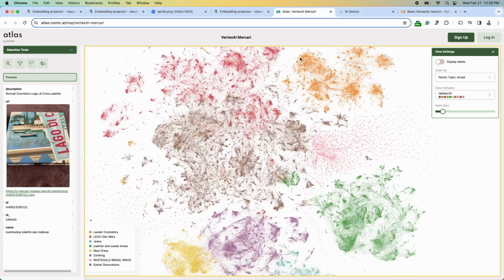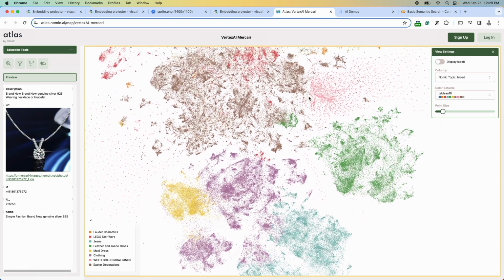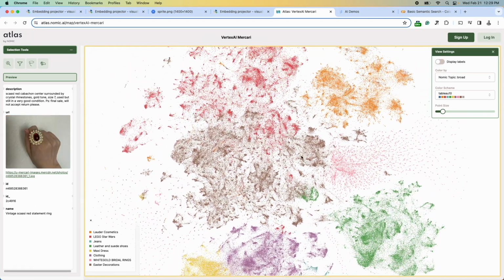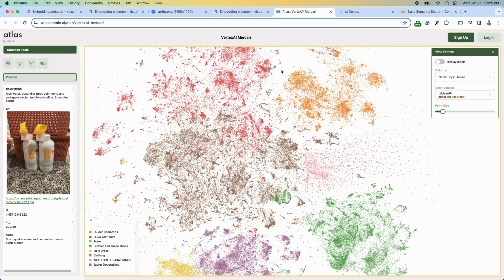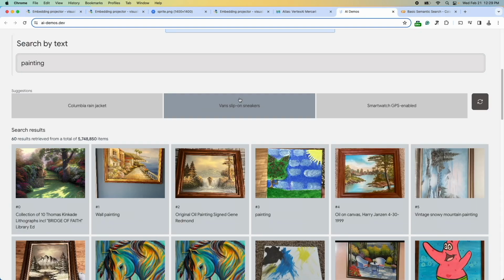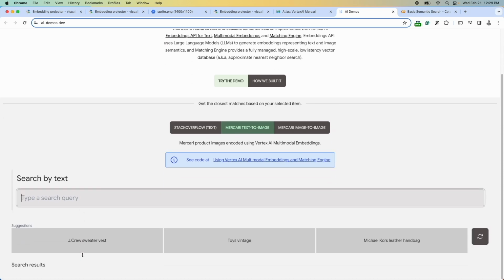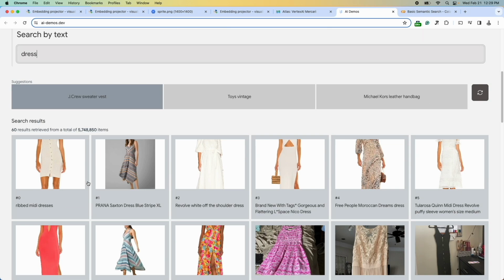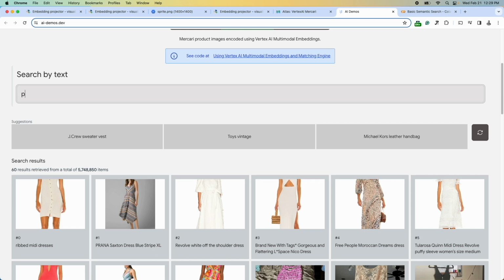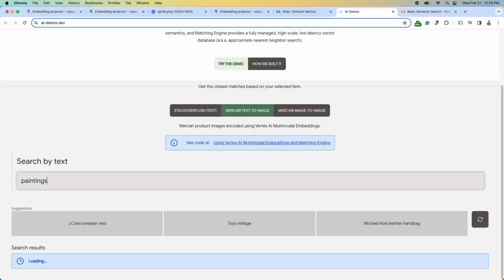When we plot the relationship of those images to each other, we're able to build out these more complicated embedding spaces, which then leads us closer and closer to this concept of semantic search. So when we're thinking about taking these embeddings and turning that into a search appliance, we're able to make sure that whenever we search for dresses, we find dresses, and when we search for things like paintings, we find paintings.